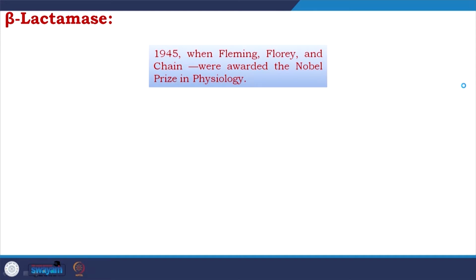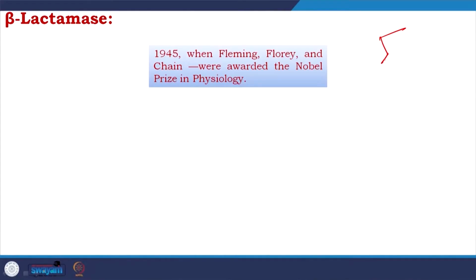So Fleming, as you all know, invented it, but Florey and Chain were from Oxford University. They developed a group to perform the molecular characterization, and that group successfully came up with the molecular characterization of the beta lactam ring.